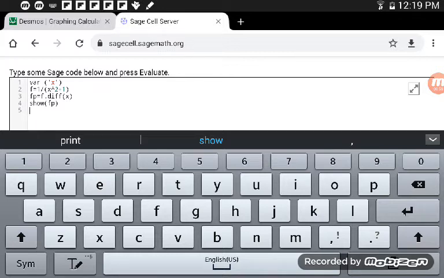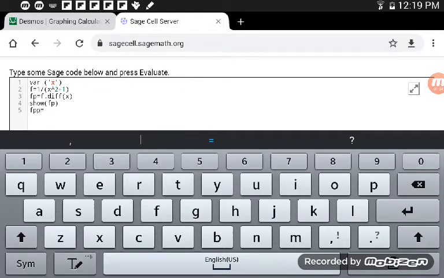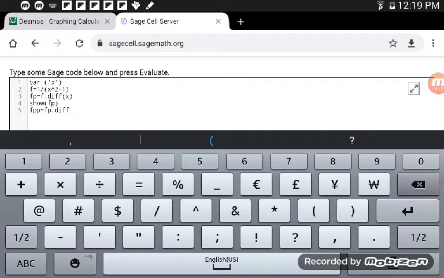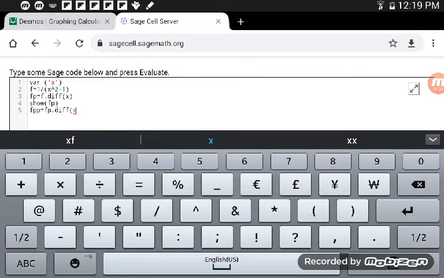So now I'll do f pp for f double prime, or second derivative, equals, and we'll use fp dot diff as before with respect to x, and so we have that back here, and then we'll show that.